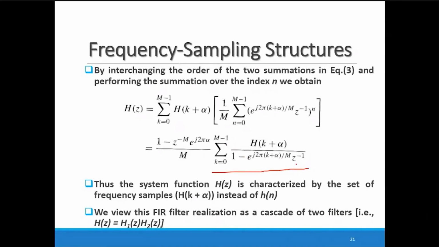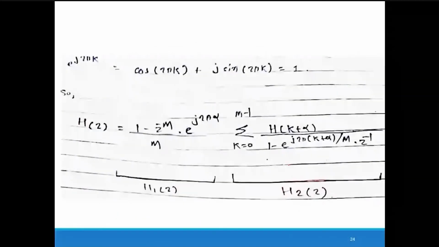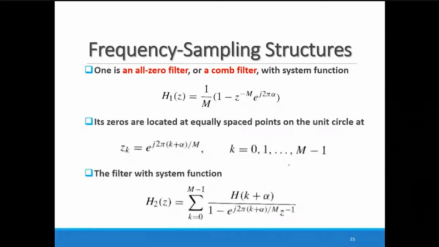Now the next section: the first response, that is H1(z). The meaning of this is that it is an all zero filter, because only the numerator part exists and no denominator part is there, so it is known as an all zero filter or a comb filter with system function.